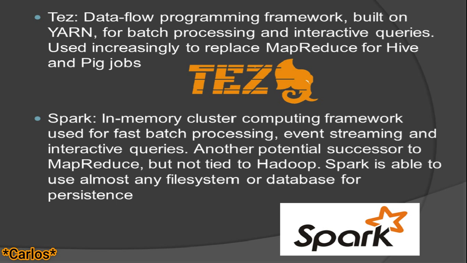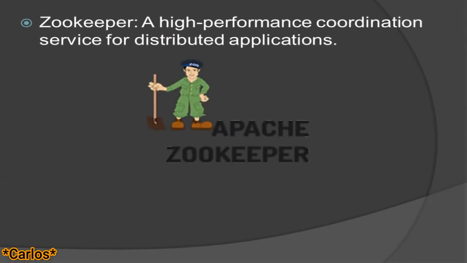Another potential successor to MapReduce, but not tied to Hadoop. Spark is able to use almost any file system or database for persistence. ZooKeeper, a high-performance coordination service for distributed applications. Apache ZooKeeper.